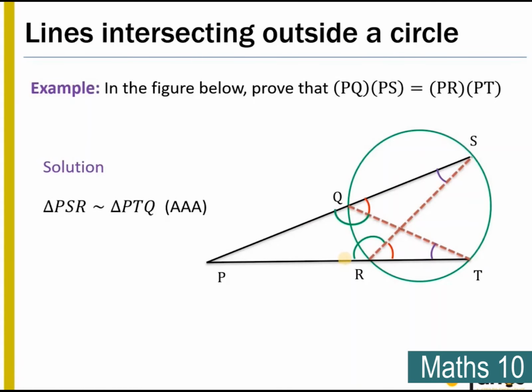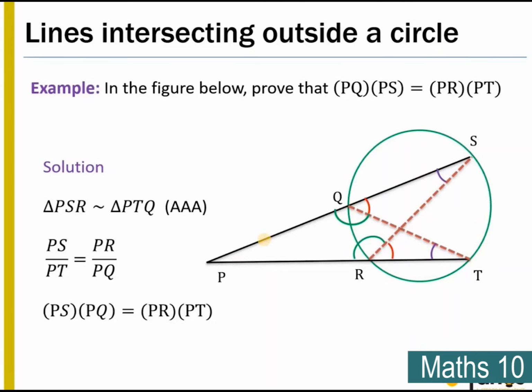So triangle PSR, which is this one here, is similar to triangle PTQ, which is this one here, by angle, angle, angle. So the ratio PS, this long side, over PT, this long side, is equal to the ratio PR, this short side, over PQ, this short side.